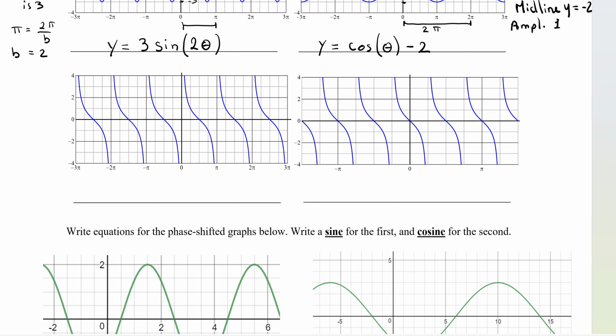Okay, so here it looks like we are not going through the origin, we're here at pi over 2, and the period looks like it's from 0 to pi, and therefore this looks like it's a cotangent. The midline, we haven't shifted up or down, is at y equals 0.